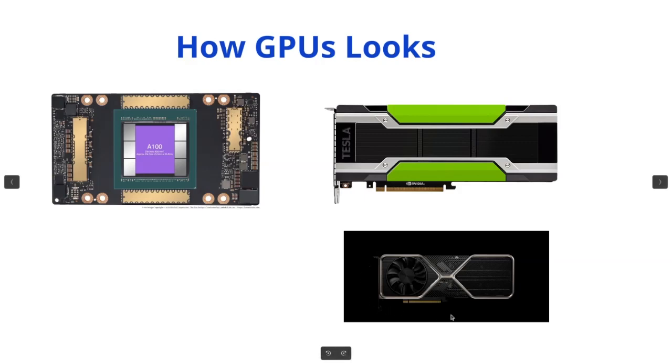All these graphics cards are integrated in the data centers where companies train their AI. There is a chip on this, and we plug this chip into our CPU in our data center, or anywhere we want to train our artificial intelligence model.